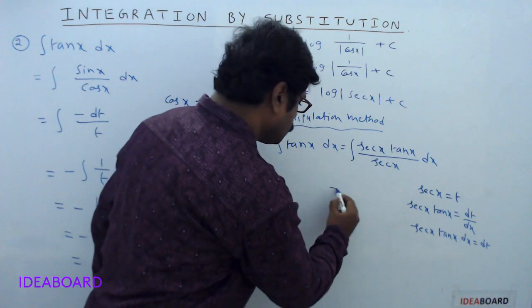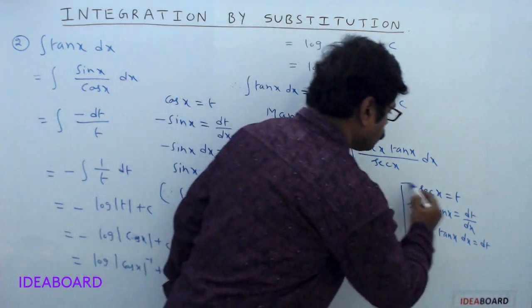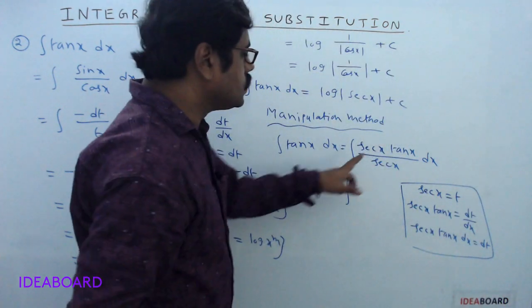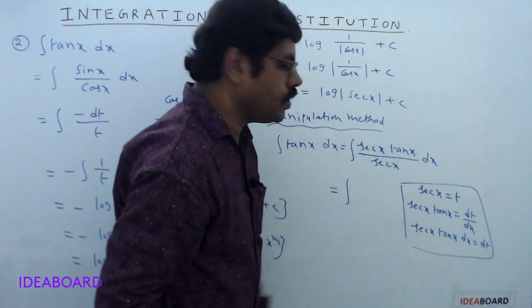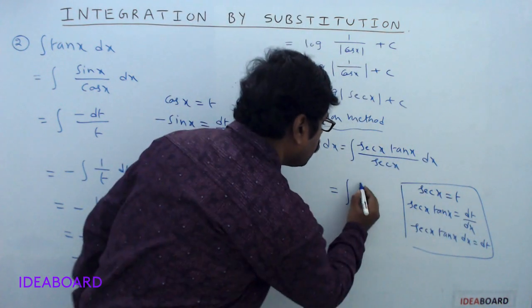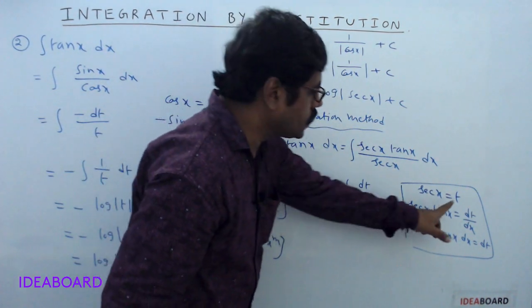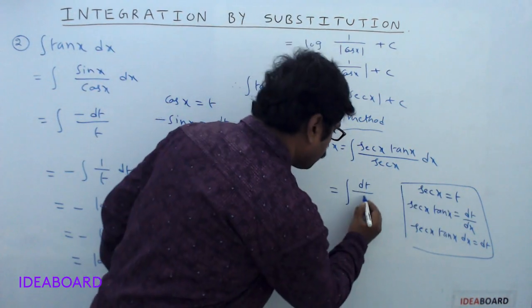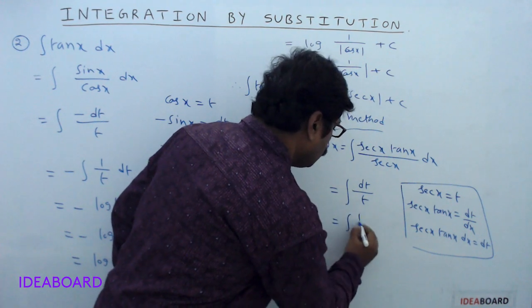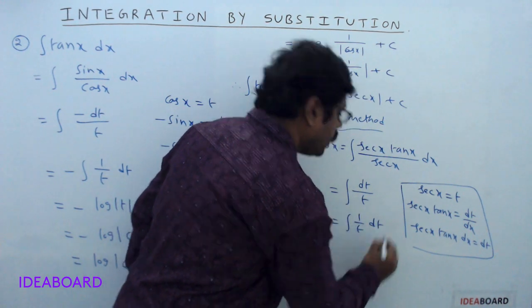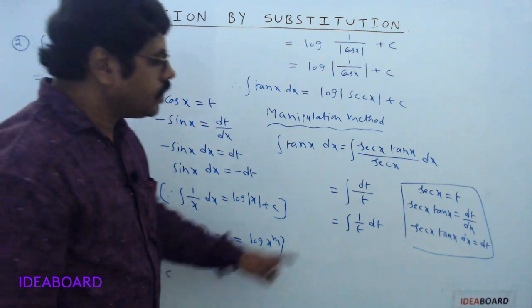Now from this integral, secant x into tan x into dx is nothing but dt divided by secant x. What is the value of secant x? t. Now this equals integral 1 by t dt.